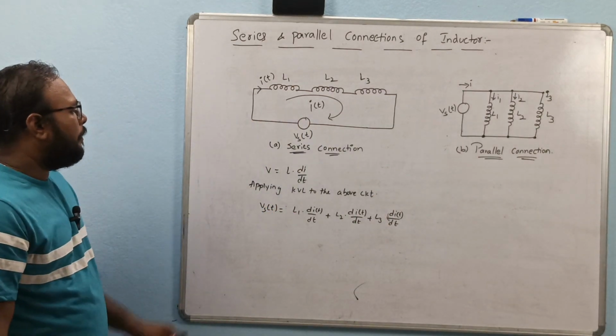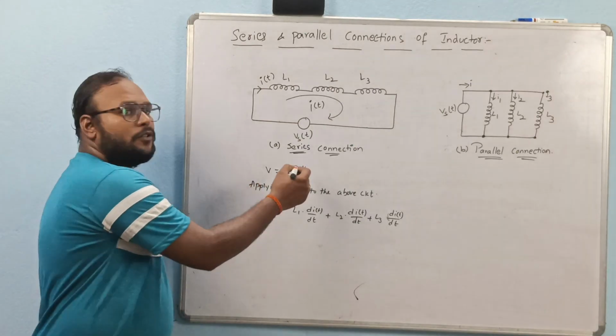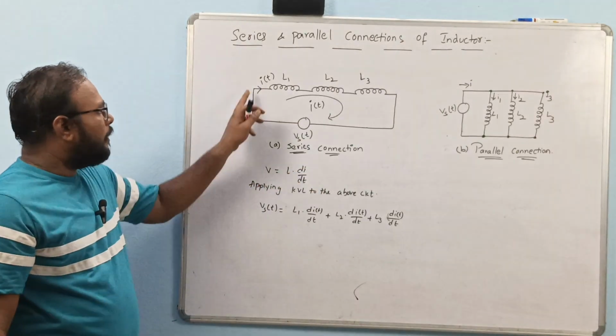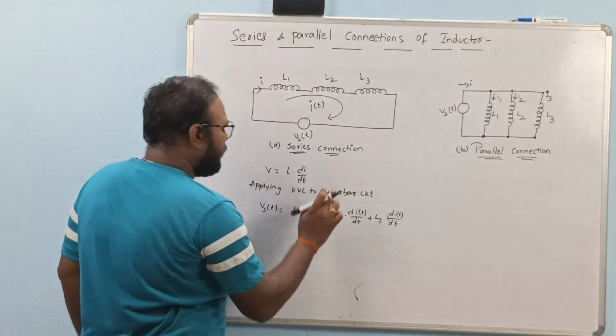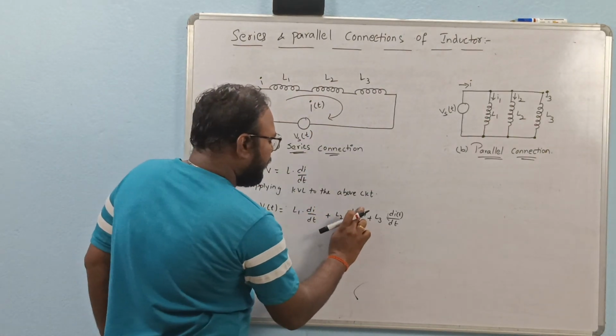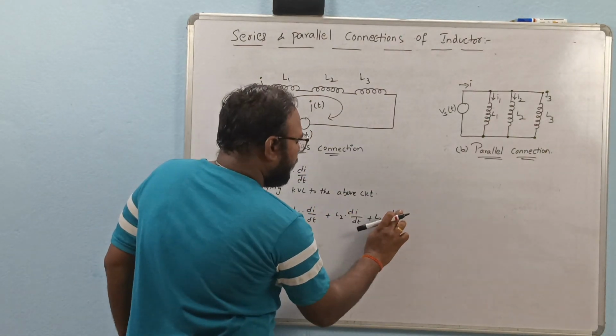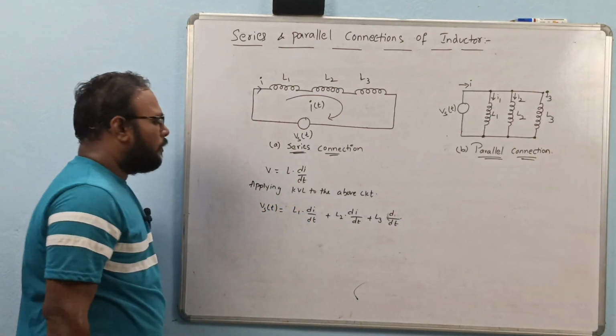Why? Because we know that V is equal to L into di by dt. You can take i of t or i, no problem. Let it be i of t.